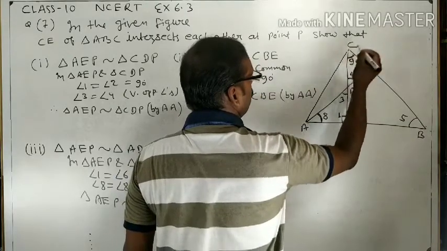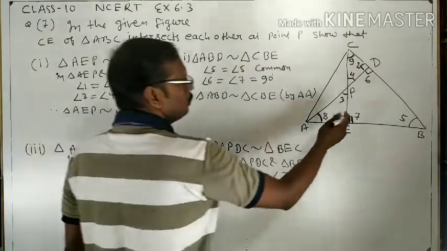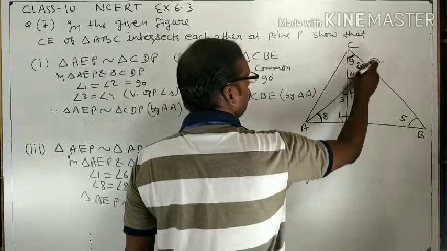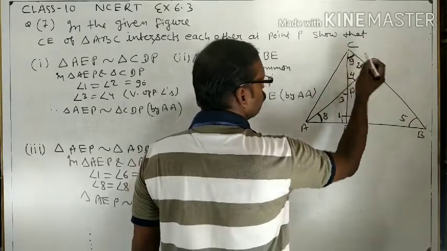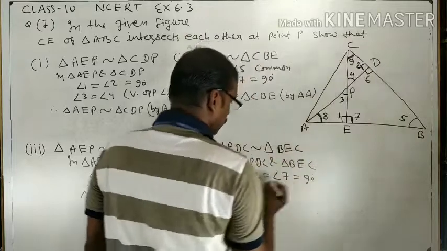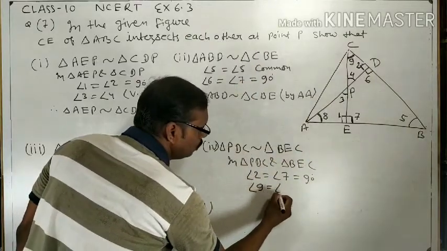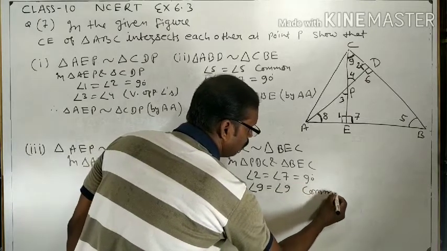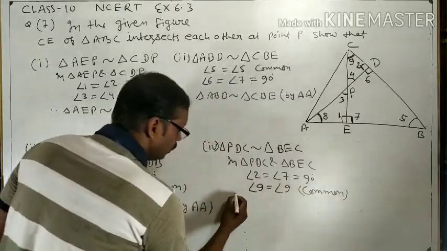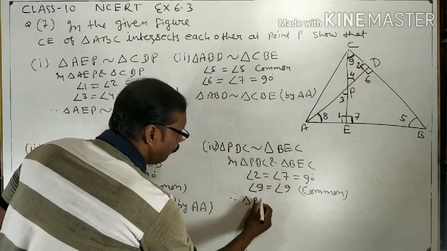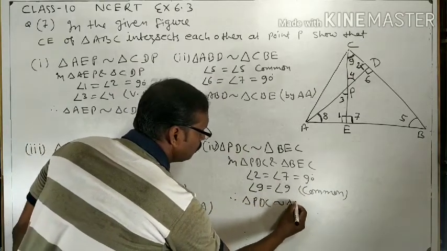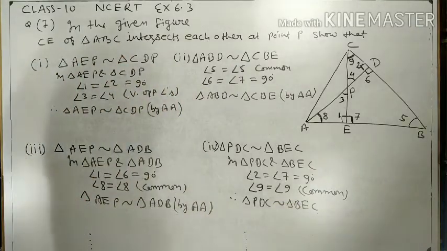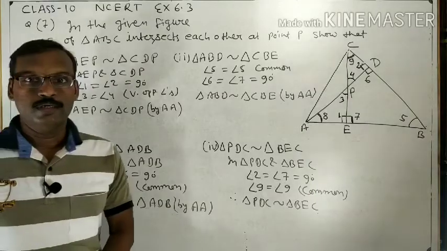Name it angle 9, which belongs to both PDC and BEC. So angle 9 equals angle 9, common. Therefore, triangle PDC is similar to triangle BEC.